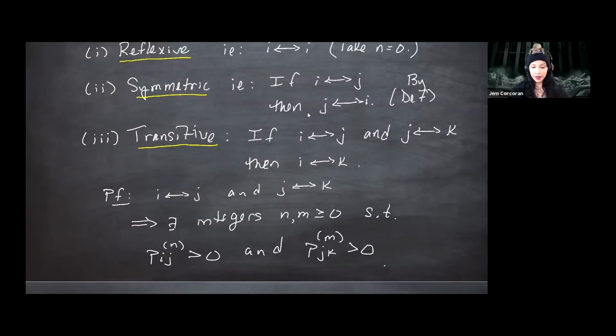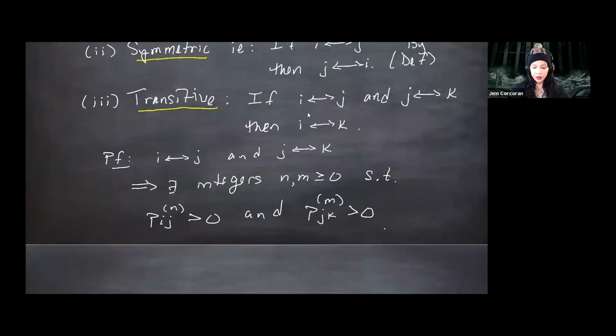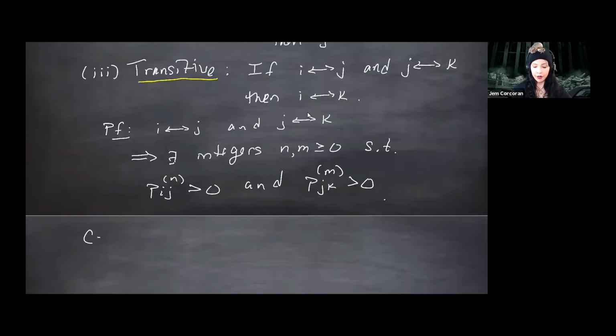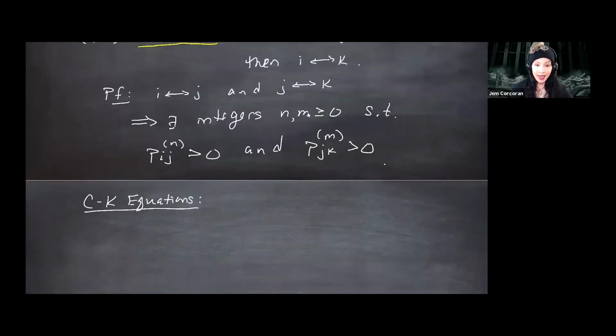And so, with the Chapman-Kolmogorov equations, I claim that I can go from i all the way to k in n plus m steps. Again, it might seem super obvious, but here's how you show it. The probability to go from i to k in n plus m steps, by Chapman-Kolmogorov, you can sum over an intermediate state.